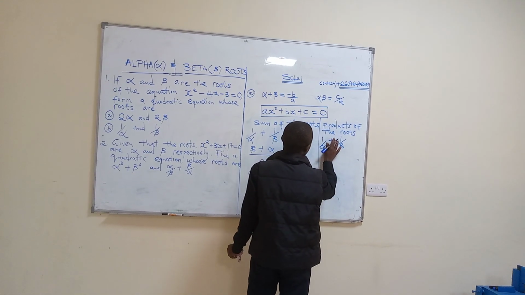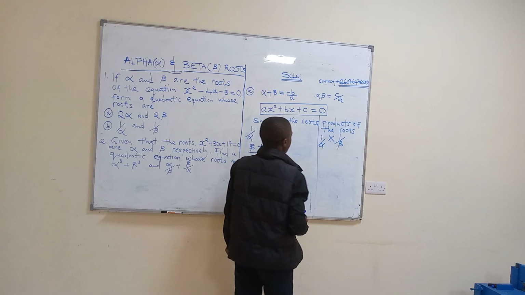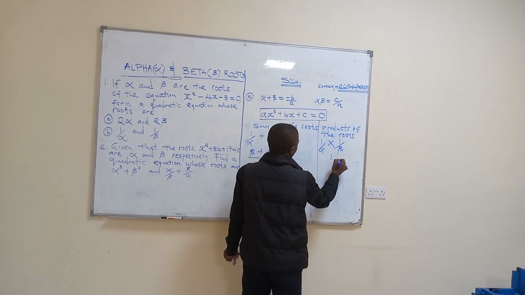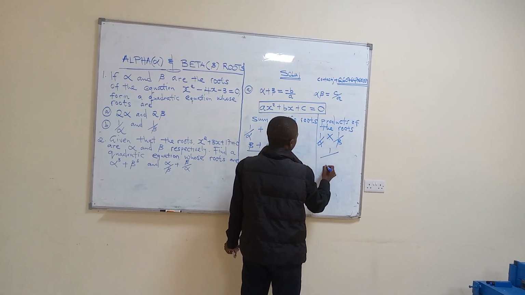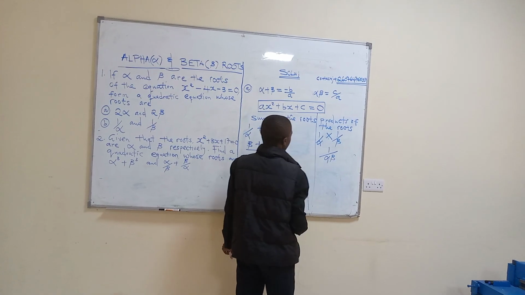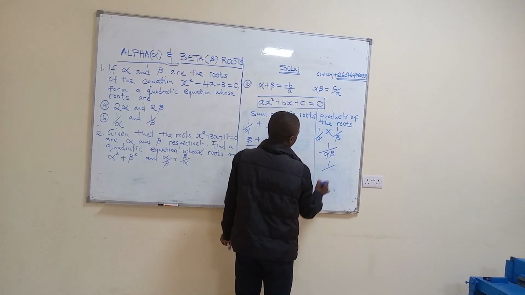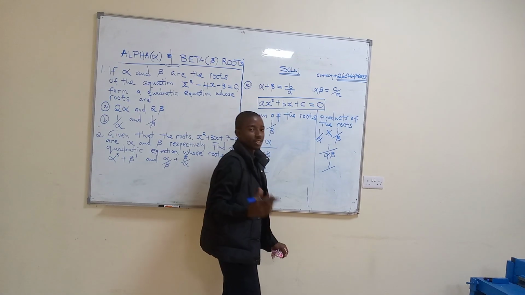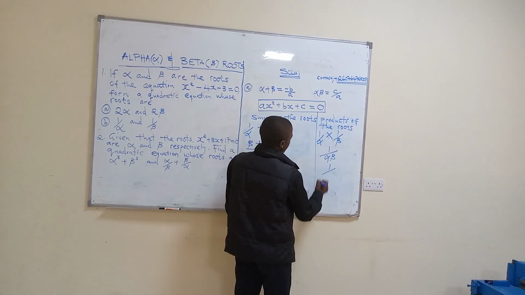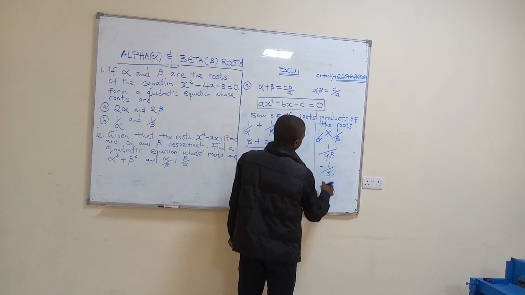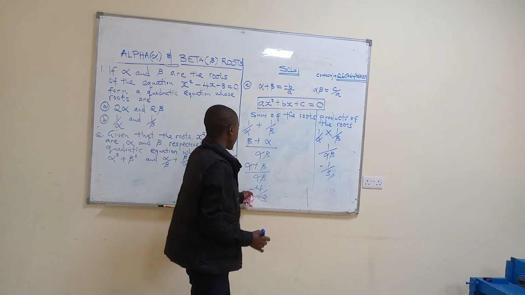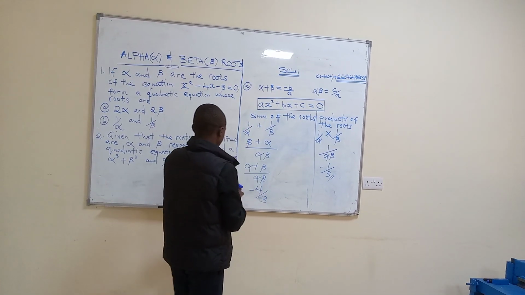So 1 times 1 is 1 over alpha times beta, which is alpha beta. So that is 1 over alpha beta, which we calculated to be negative 3. So this is negative 1 over 3. So you have to keep these values.